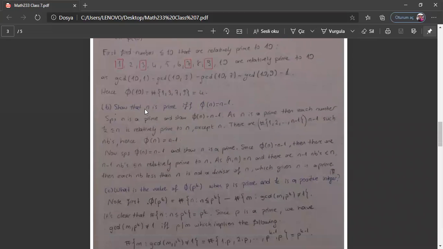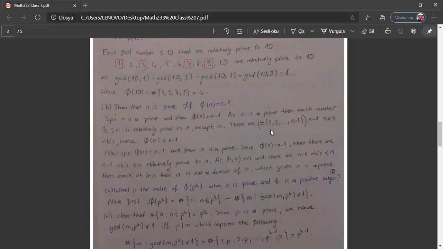Now we show that n is prime if and only if phi of n equals n minus 1. First suppose that n is a prime number and show this equality. As n is a prime number, each number which is less than n is relatively prime to n, right?